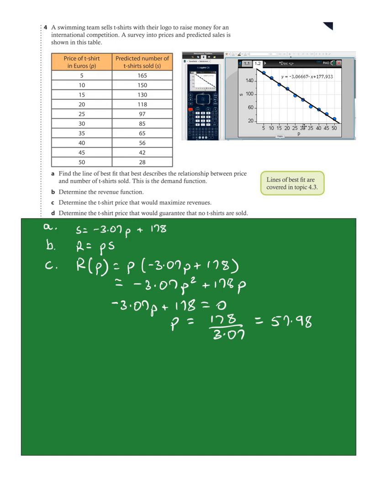Okay, because that is the root there, so that's 0. So the midpoint between 0 and this other root is 57.98 divided by 2, which is 28.99. So 28.99 is the p-value of the vertex, which maximizes this.